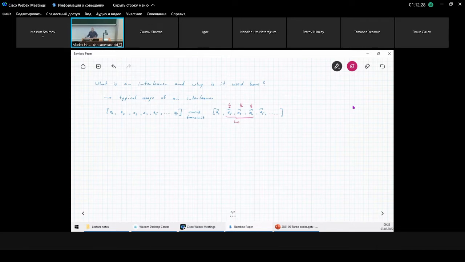So it's typical to have this burst type of error pattern. A couple of bits wrong in a row.